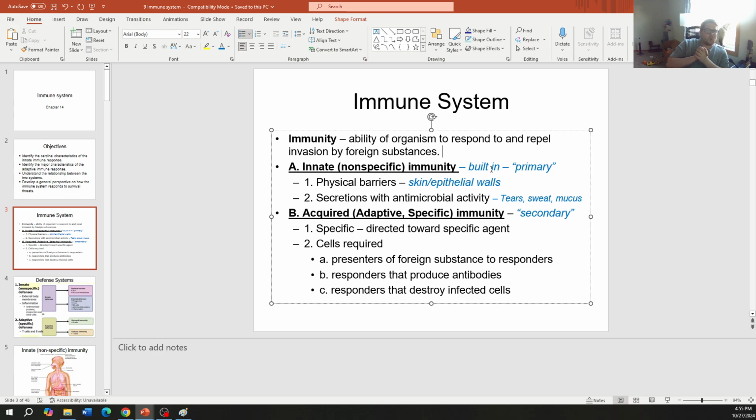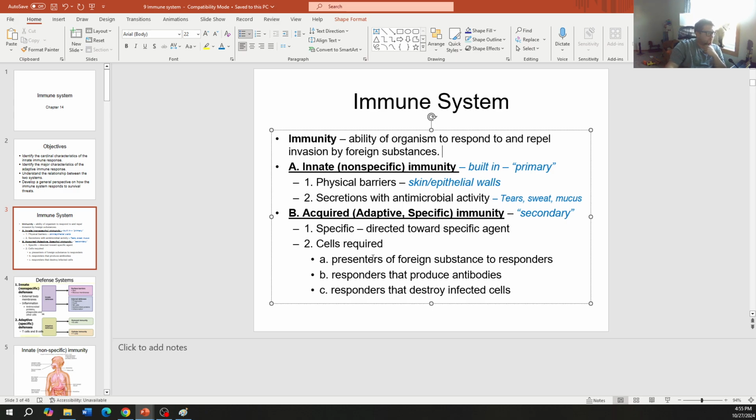Versus our acquired, adaptive, or specific immunity, which is built up as we live our lives. We create this immune system by being exposed to different germs, as well as through vaccinations. We build up immunity to very specific things in order to make sure that we are protected against them.